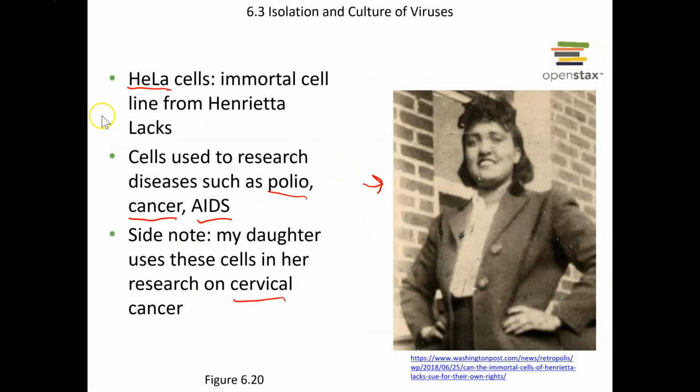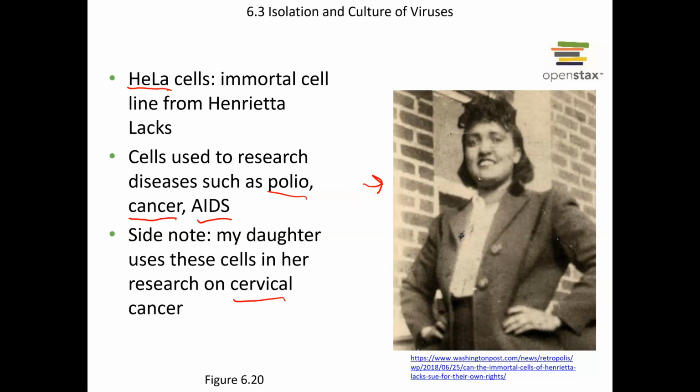One important cell line is known as the HeLa cell line. HeLa cells come from a woman, here you can see her, this is Henrietta Lacks. Her cells were taken by her doctor. She had cervical cancer and she died of cervical cancer. Before she died, her doctor did remove some cells from her cervix, and then he sent them to a lab, and that lab has kept her cells alive.